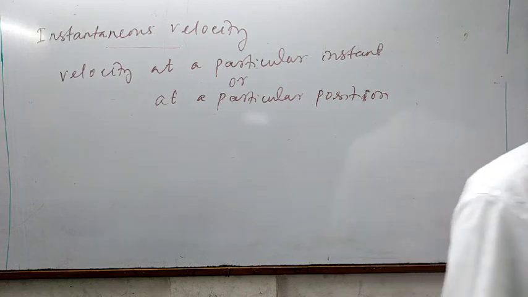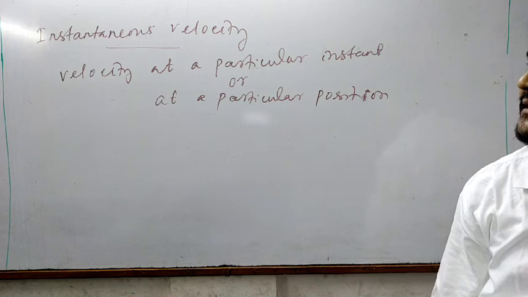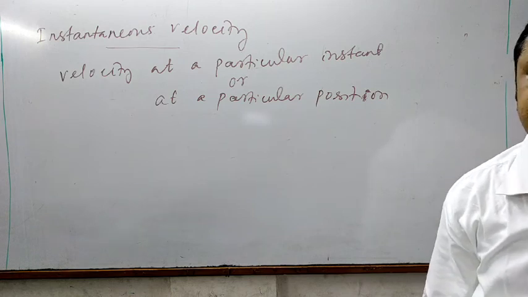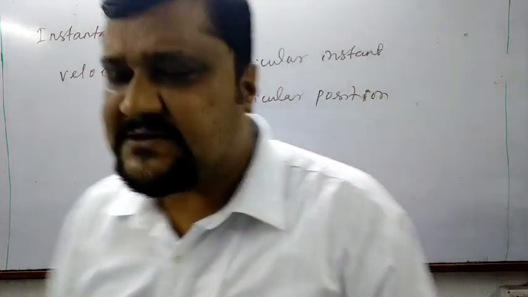That is called the instantaneous velocity, isn't it? So when you calculate this instantaneous velocity, how will we find it?